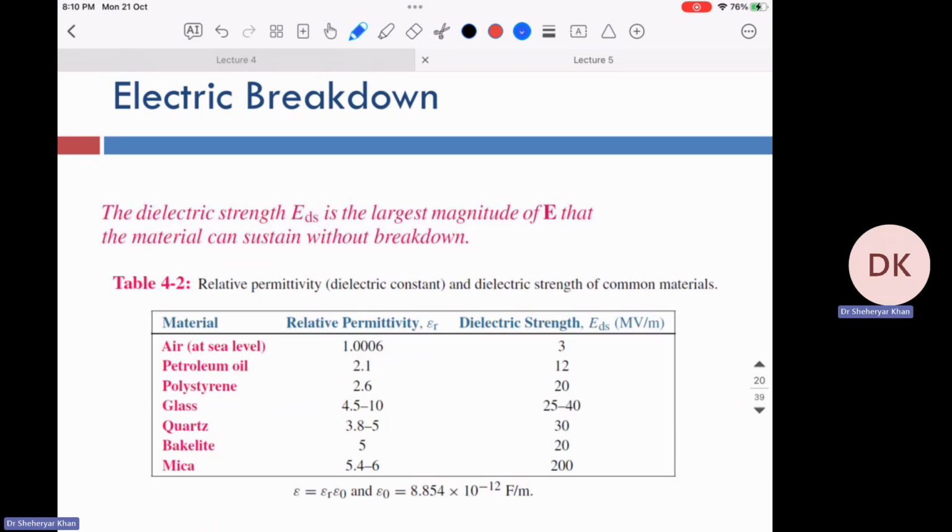Okay, for example, please listen carefully. So in the exam, if I set up a problem that is something related to the electric field and the distance, you should quickly understand that this is something related to the breakdown.